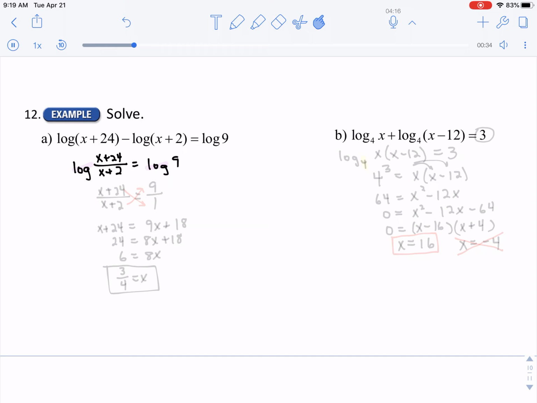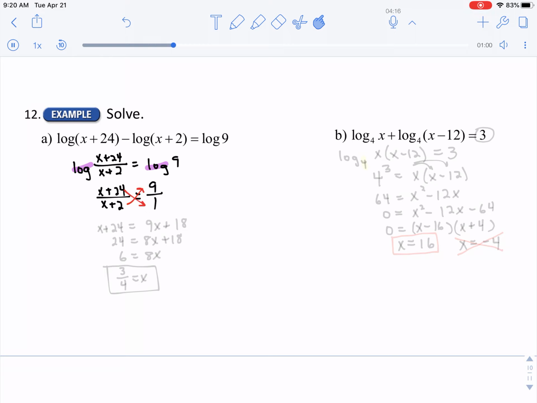Now, once you have a single log on the left and a single log on the right, then you can drop the logarithms. And that will give you (x plus 24) over (x plus 2) equals 9. Now I'm going to put the 9 over 1 and then cross multiply.